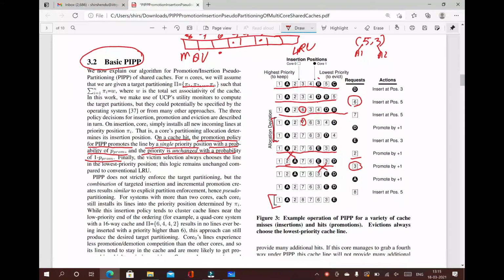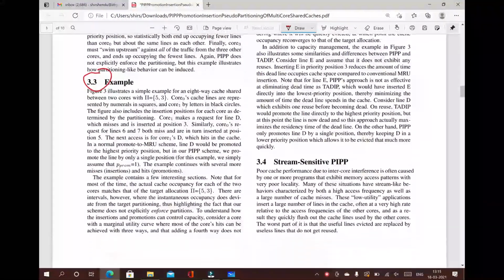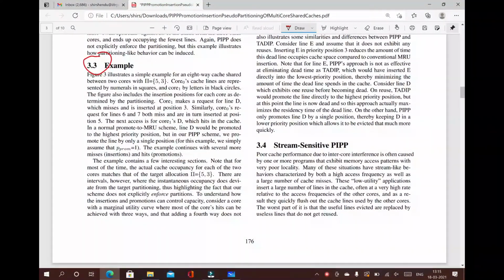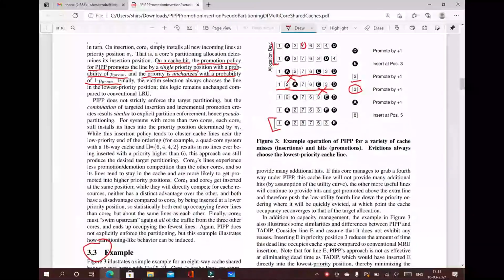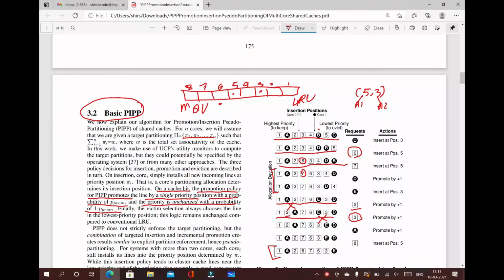So this is their basic PIPP, and then the next one is called stream sensitive PIPP. Stream sensitive PIPP means if there are two applications, suppose from A1 and A2, A1 is a streaming application or a scanning application, right?